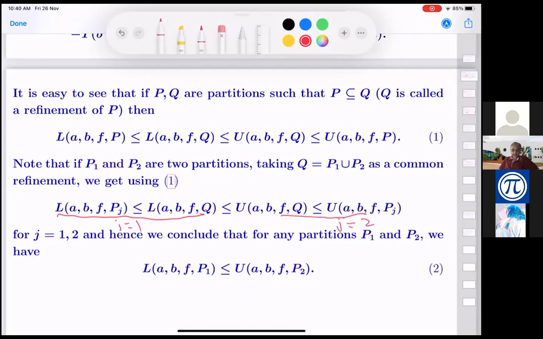So LABF-P1 is less than or equal to LFA-FQ, and similarly for U. And these two are the same. They have not changed with j equal to 1, j equal to 2. They are sandwiching these two in between. So we will get that LABF-P1 is less than or equal to UABF-P2. Just by bringing in a common partition, the common refinement between the two, we have made this observation.